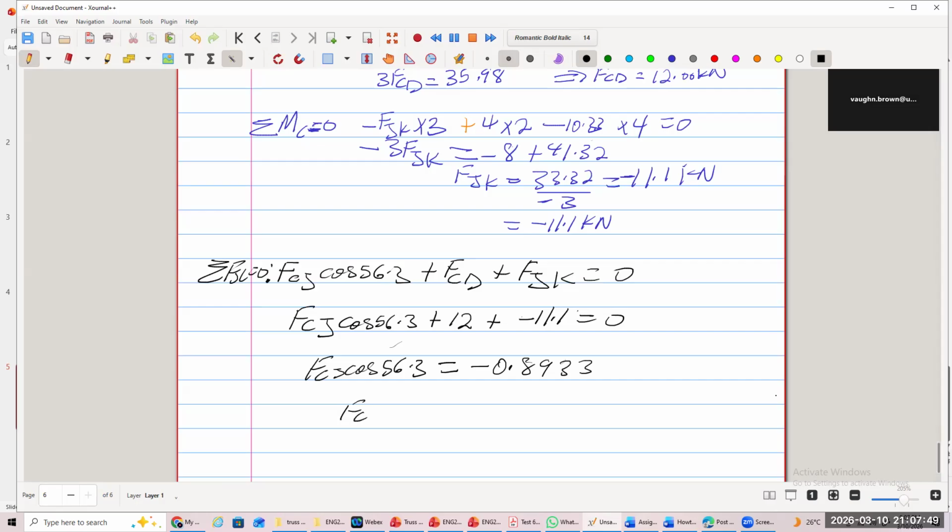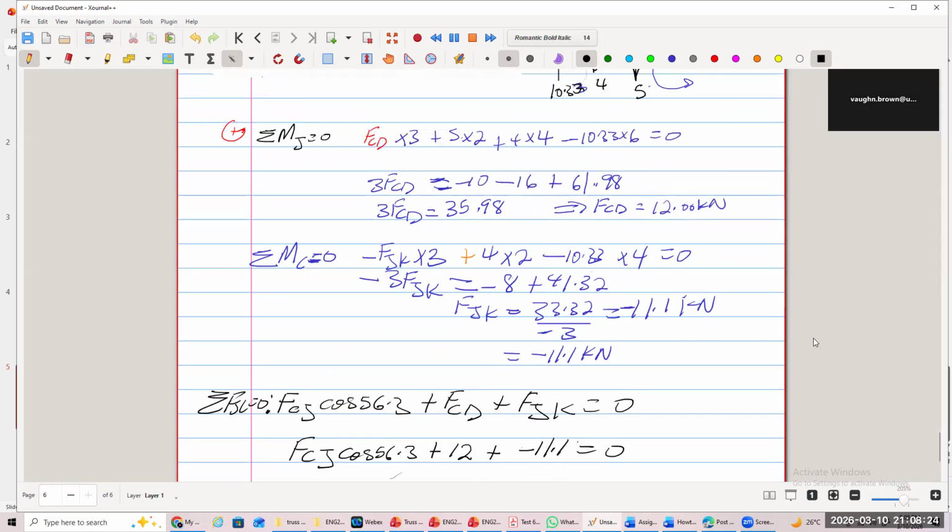So FCJ equals minus 0.8933 divided by cos 56.3. And so what are we getting for our answer? 1.6. All right, so we're getting minus 1.61 kilonewtons. If your signs are off, your answer is going to be off. Yeah, so that is how you do it.